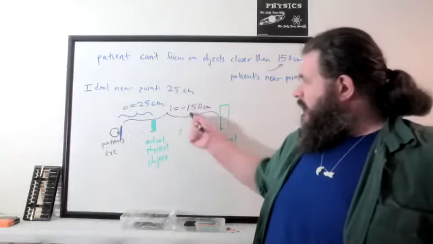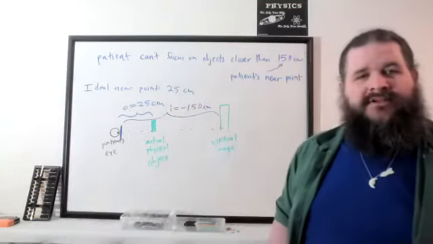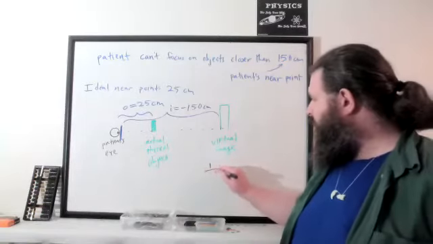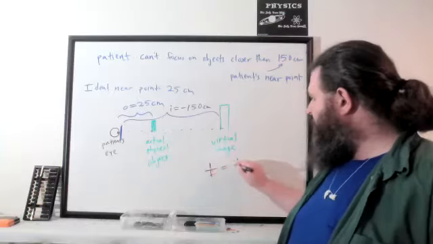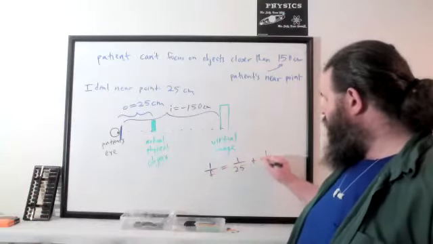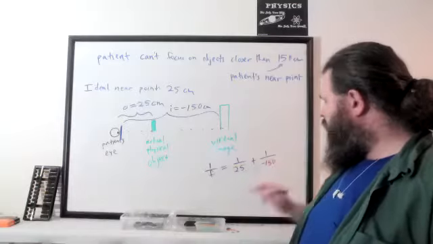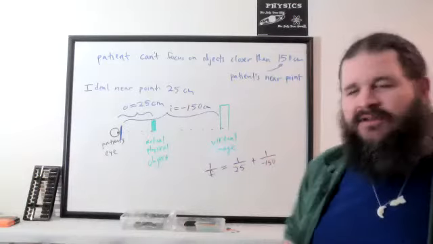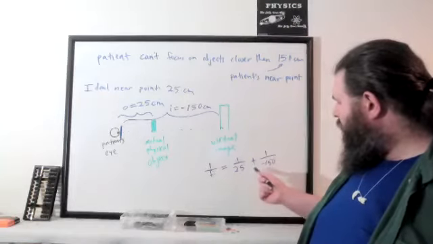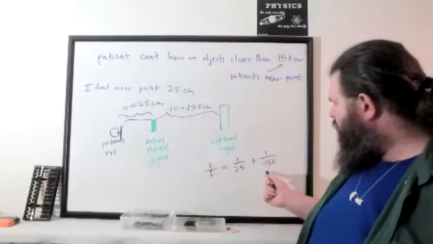And now we know I, we know O, so what should we be able to solve for? Yeah, we should be able to solve for F. And we can use the usual thin lens equation for this. 1 over F equals 1 over O plus 1 over I. And of course, to combine these, we'll need a common denominator. 25 could become 150 if we multiply by 6.